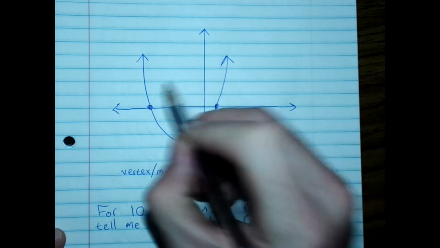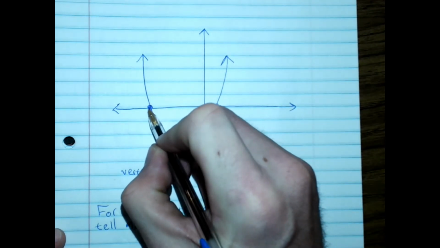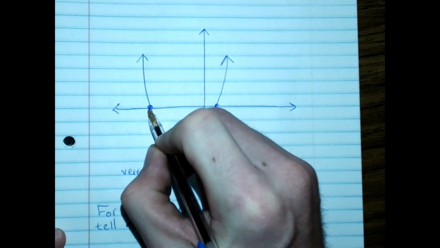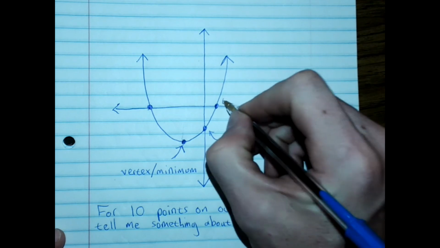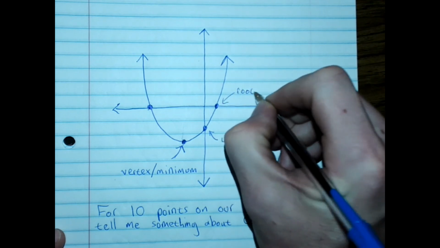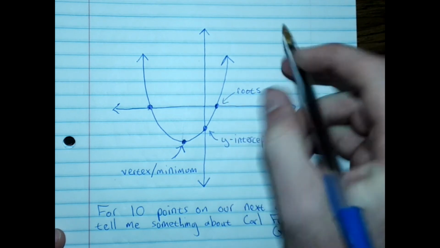And then these 2 points right here are the roots, the solutions, the x-intercepts, the zeros. 4 different words to describe the same thing.